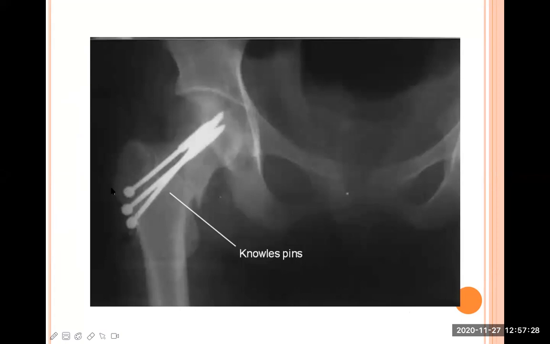Sometimes the surgeon doesn't even open that area. With radiographic guidance, they can insert the pins from outside without reaching the fracture site. So this is still considered as closed reduction and internal fixation. This is a very good type of surgery. It's a very nice fixation there.